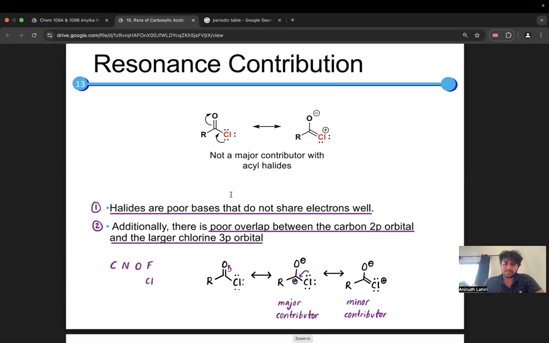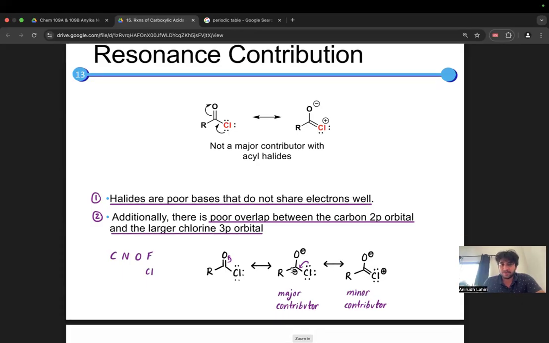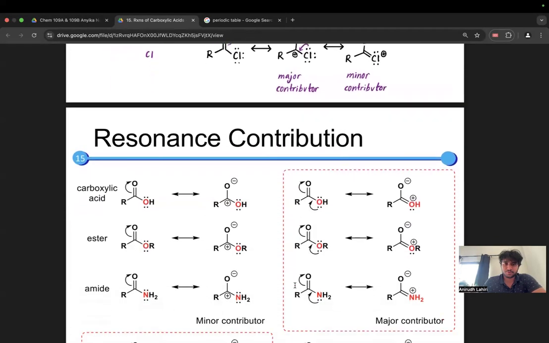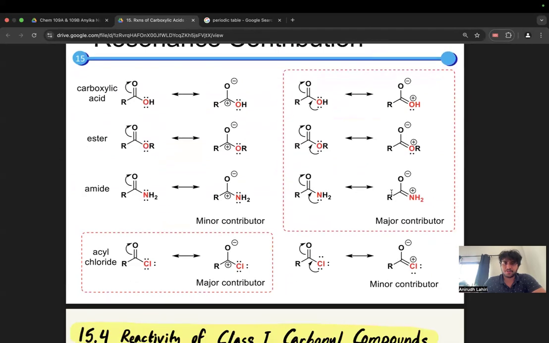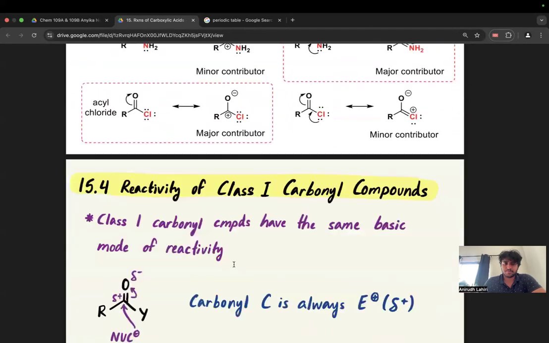Because of the different sizes, spatially the orbital overlap is really bad, which means the pi bond that forms here is very unstable and it just doesn't really happen. So this is our caveat to the octet rule. Although the octet of carbon is not filled here and it is technically filled here, having a pi bond is so unstable and unrealistic that this is the major contributor. Cool. All majors, major.